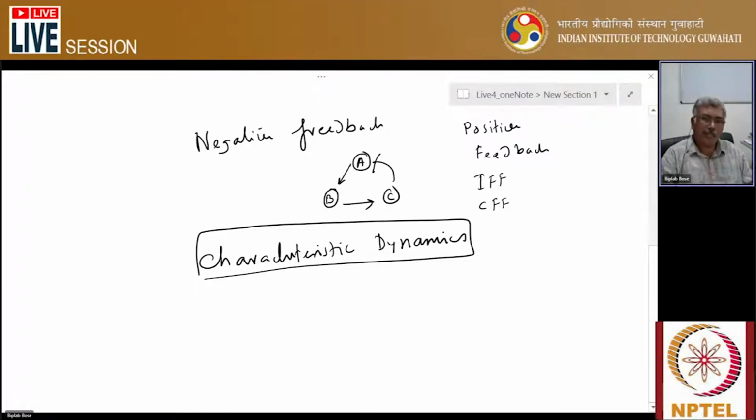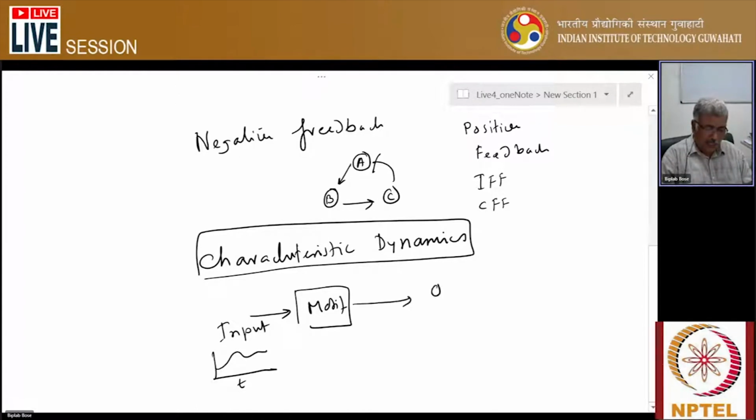By characteristic dynamics, I mean this: suppose I take a network motif and I give an input which is time dependent, time versus something like this, and I get an output. Suppose that one is something like this, also time dependent.